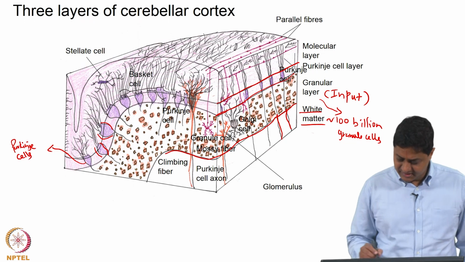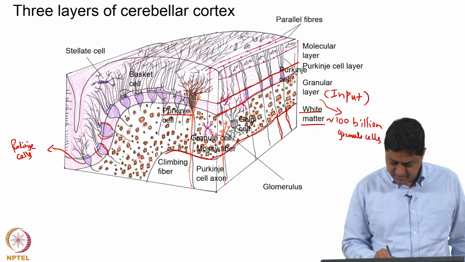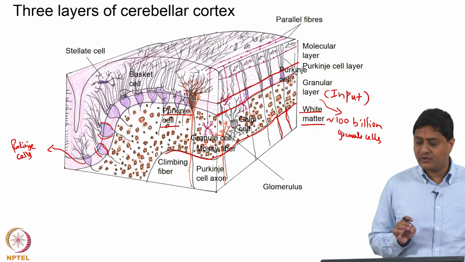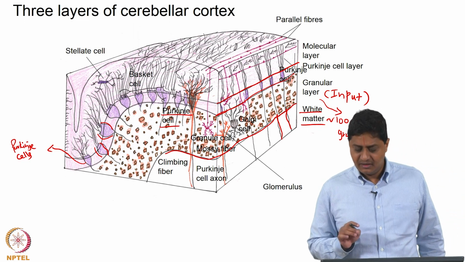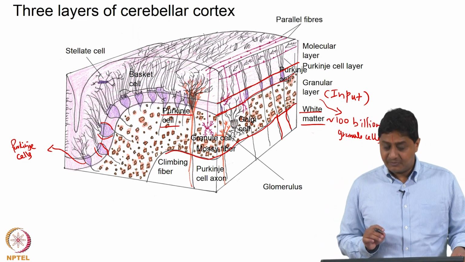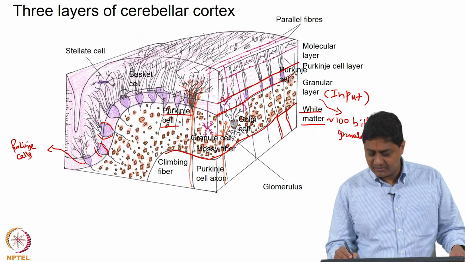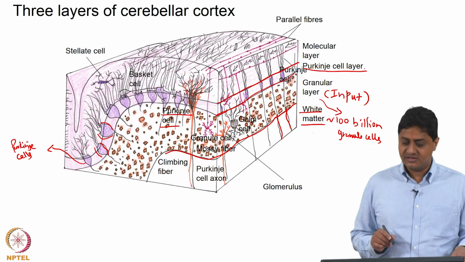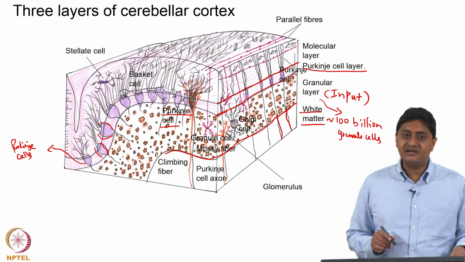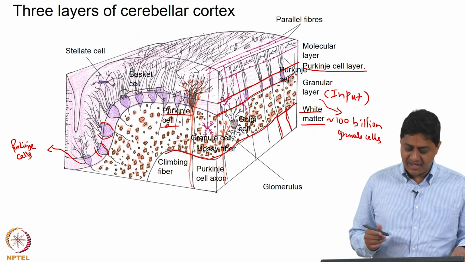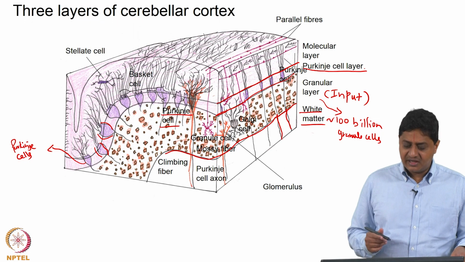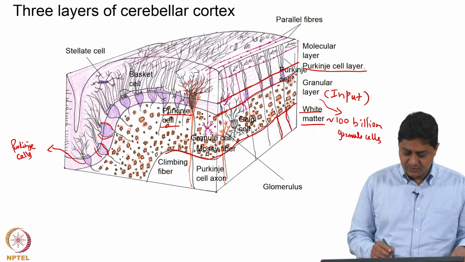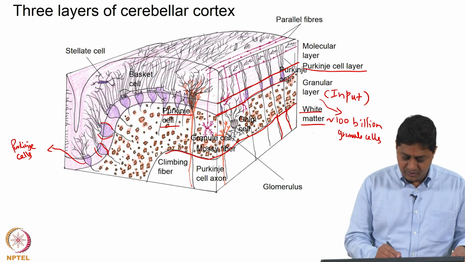Their cell bodies are located in the Purkinje layer or Purkinje cell layer. So, what does that mean? When I say that their cell bodies are located in the Purkinje cell layer, it means that their dendrites and axons are elsewhere. Their dendrites extend into the molecular layer.